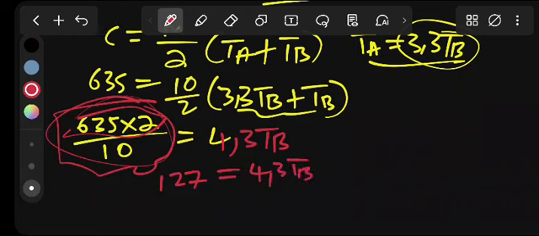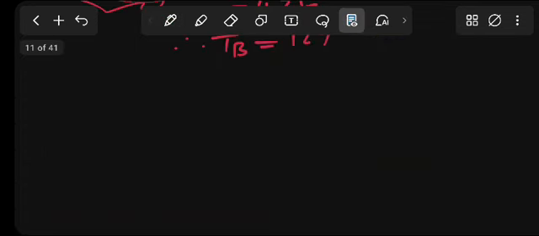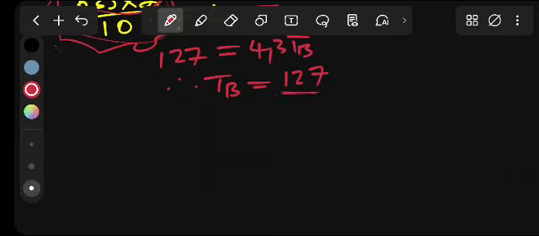Therefore TP will be equal to 127 divided by 4.3.